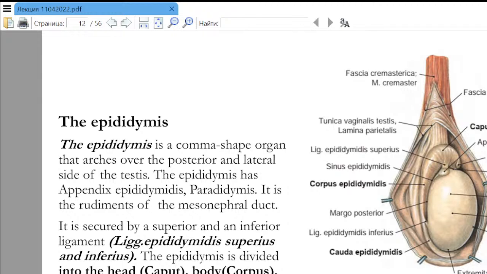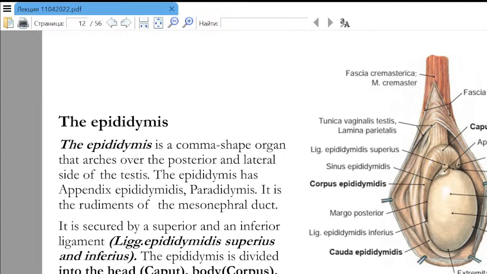Epididymis. The epididymis is a comma-shaped organ that arches over the posterior and lateral side of the testis. This is margo posterior.